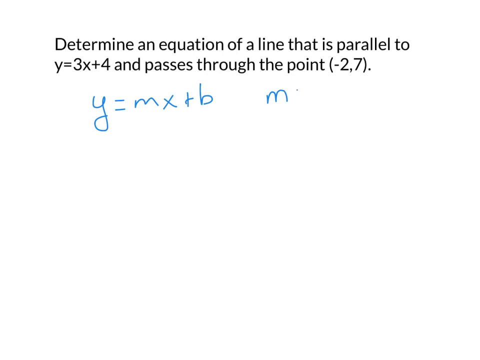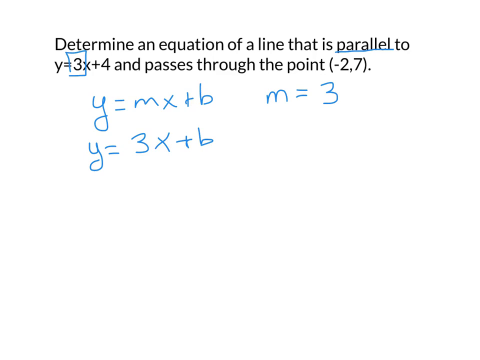M in this case, it said it was parallel. So if I look at the slope is 3. Then in my new equation, the slope is going to remain 3 because the slopes are the same for parallel lines. So we'll just sub in our slope, 3x plus b.